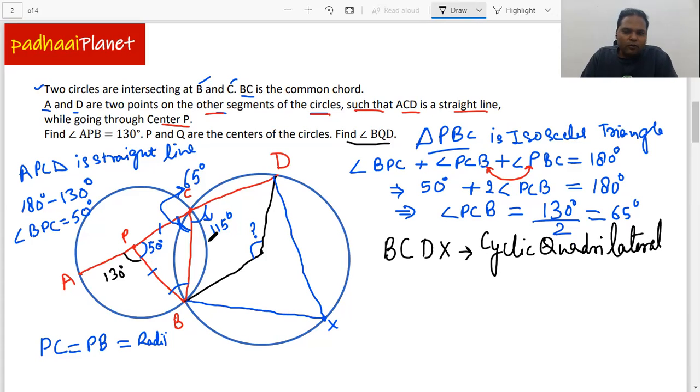Now, in a cyclic quadrilateral, we already know that the sum of the opposite angles is always equal to 180 degrees.